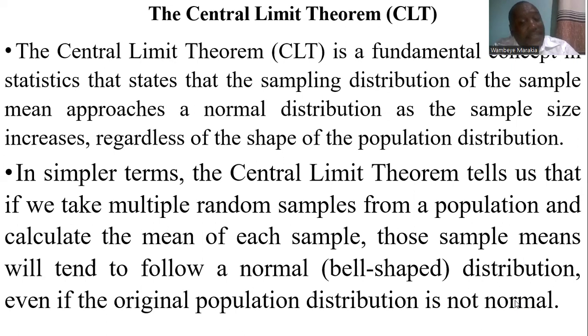In simple terms, if we take multiple random samples from a population and calculate the mean of each sample, the distribution of the sample means will tend to follow a normal, that is a bell-shaped distribution, the one we have seen earlier, even if the original population distribution was not normal.